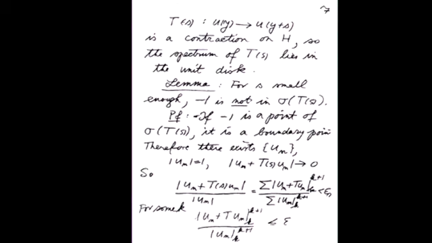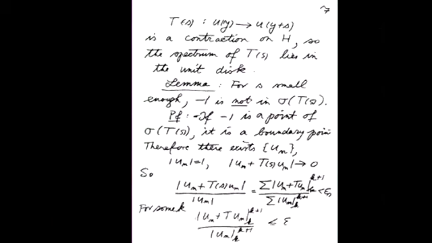And then, since the norm of the resolvent tends to infinity as you approach the spectrum, it follows that there exists a sequence of elements u_n in H of unit norm, so that when T_s plus 1 acts on u_n, the norm of that tends to 0, or so that the ratio of those two norms is less than epsilon n.